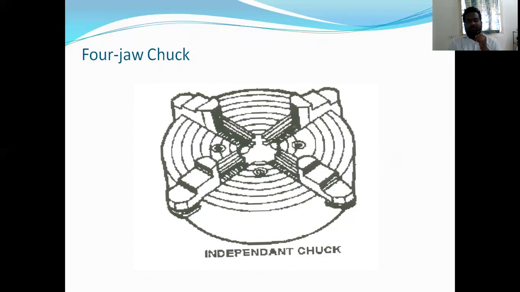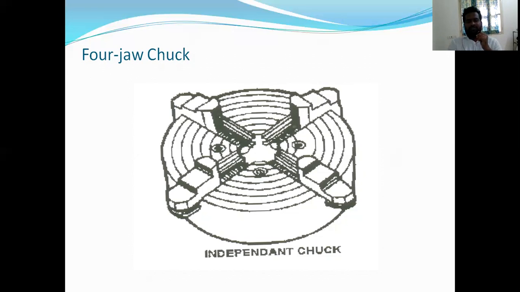After that, we moved to the work holding devices. The work holding devices are used for holding the workpieces tightly. We have different types of work holding devices: chucks, mandrels, lathe centers, lathe dog, right?